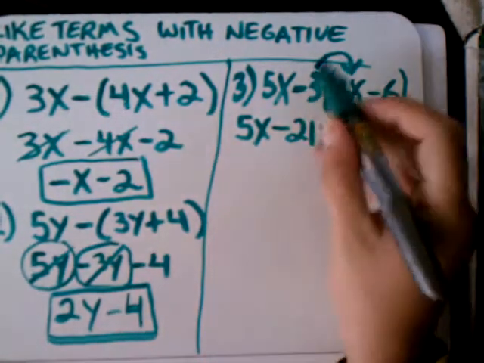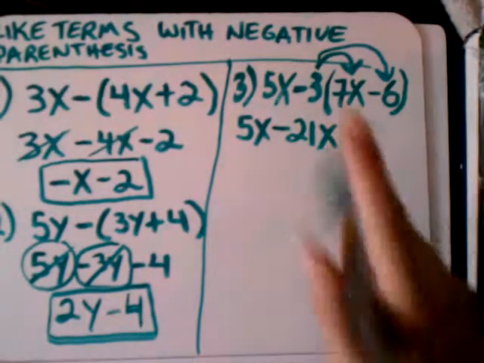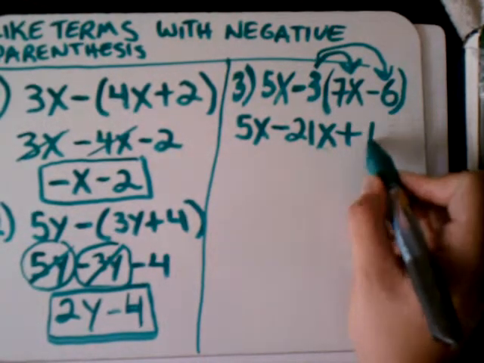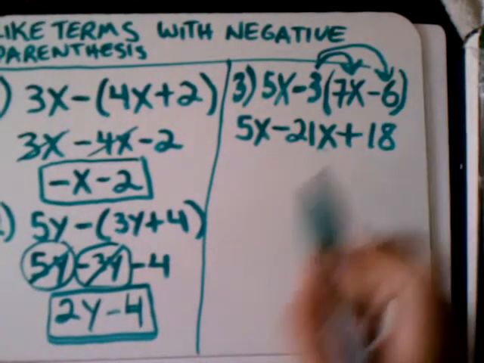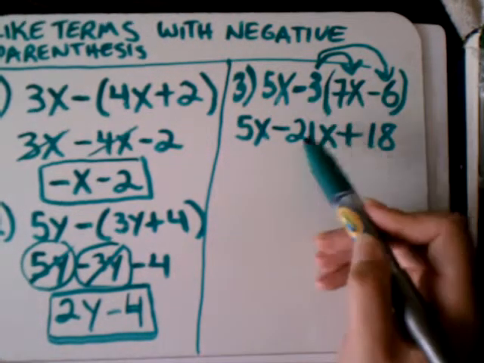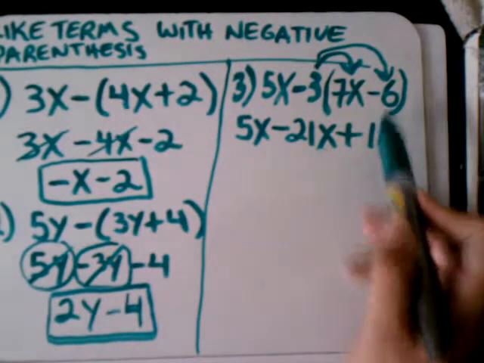And then the outside times the inside, negative times negative, is going to be positive. 3 times 6, 18. Okay? You distribute: negative 3 times 7, 21, bring the x down. Negative times negative, positive. 3 times 6, 18.